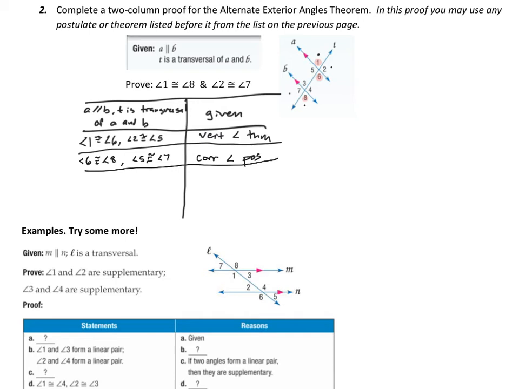It's really badass. And now we have all the information we need in our proof. We can go straight to the end, and we have angle 1 is congruent to angle 8, and angle 2 is congruent to angle 7 by transitive. And we have now proved alternate exterior angles are congruent.